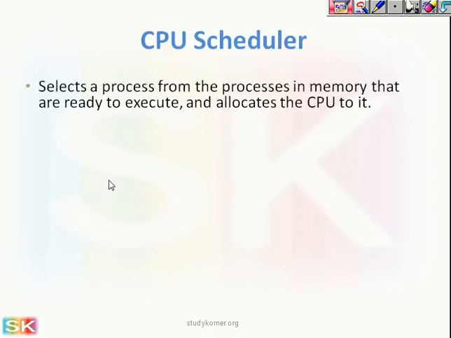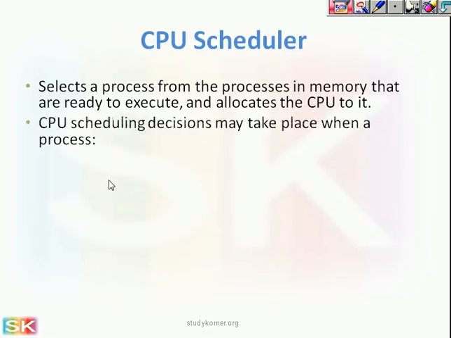So a CPU scheduler selects a process from the processes in the main memory that are ready to execute and allocates the CPU to it, right? So we have multiple processes or multiple programs in the main memory, and from those programs, CPU scheduler is going to pick up one process that will be executed in the CPU next.